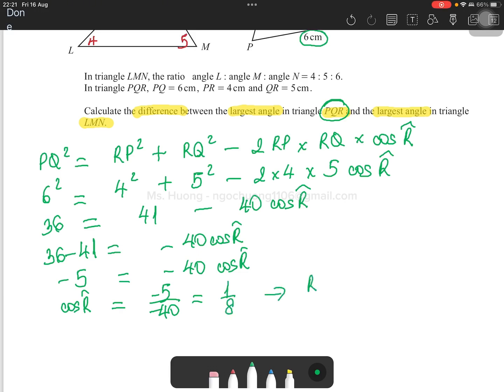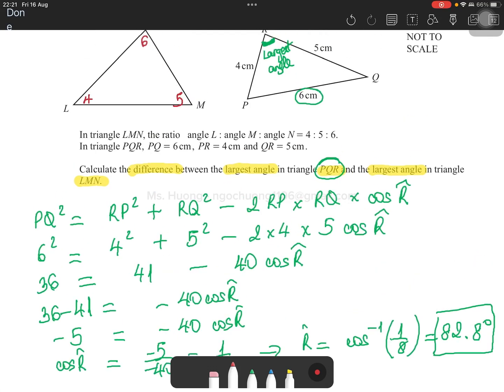And then R is equal to the inverse cos of 1/8, which is 82.8 degrees. This is the largest angle in triangle PQR. And now let's find the largest angle in the triangle LMN.